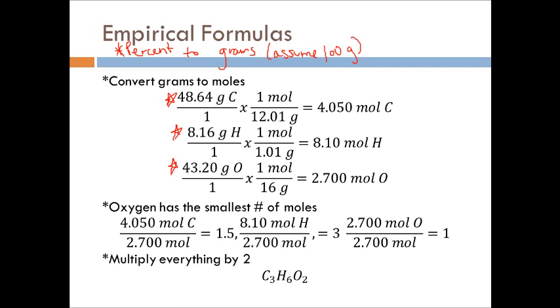So we take the carbon and divide by the molar mass of carbon, which is 12.01, which will give us moles. And with these, remember when I mentioned earlier, you want to go out to about three decimal places, because the more numbers you have out there, the more accurate your answer is going to be. So we get 4.05 moles of carbon. We're going to take the hydrogen and divide by the molar mass of hydrogen, which is about 1, so we get 8.1 moles of hydrogen.